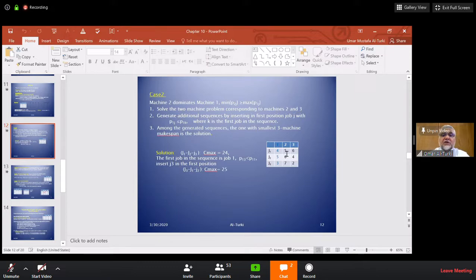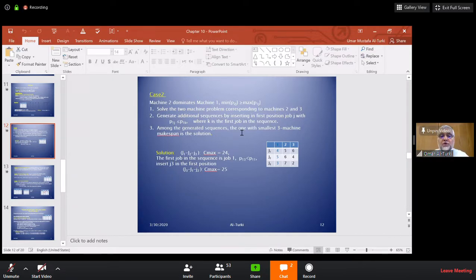Now, this case is solvable by just solving the two machine problem corresponding to machines 2 and 3. Generate additional sequences by inserting in first position job J, where K is the first job in the sequence among the generated sequences.